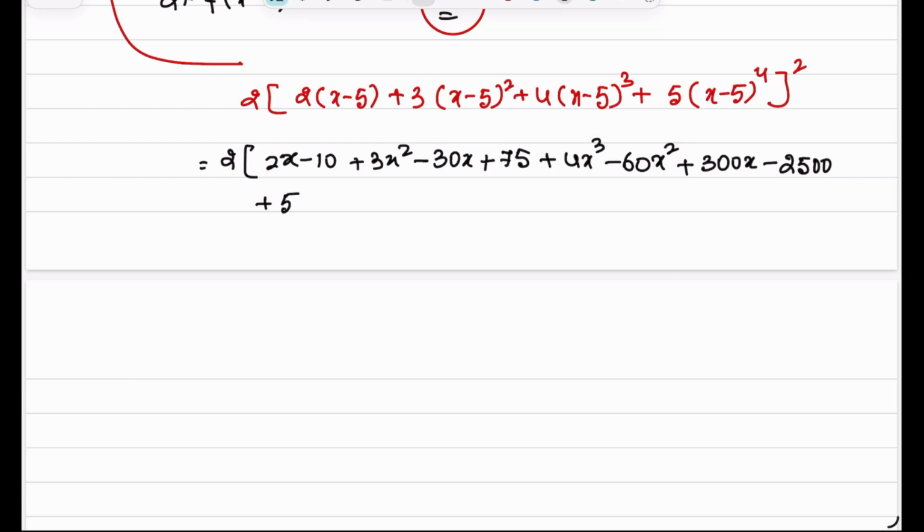You can use the binomial theorem for all this and you can find out 5 into x to the power of 4 minus 100 into x cube plus 750 into x square minus 2500 into x plus 3125.